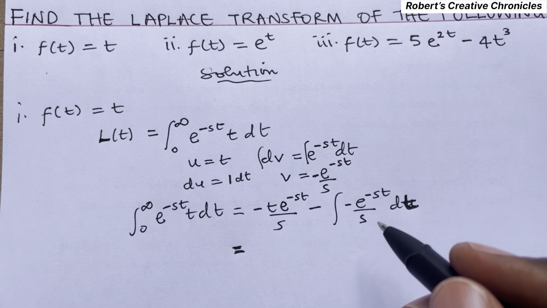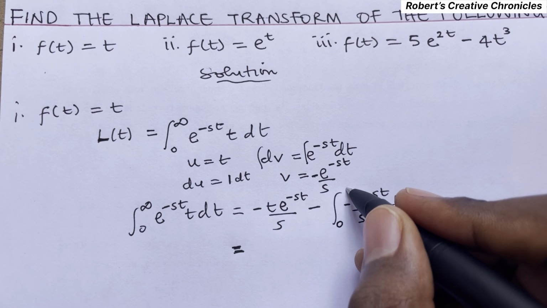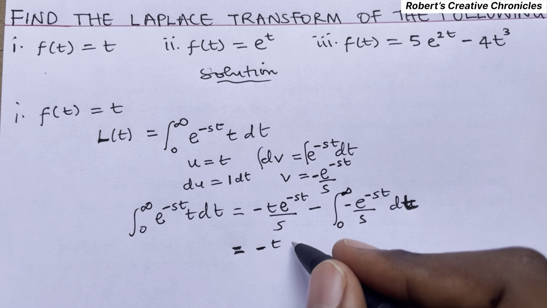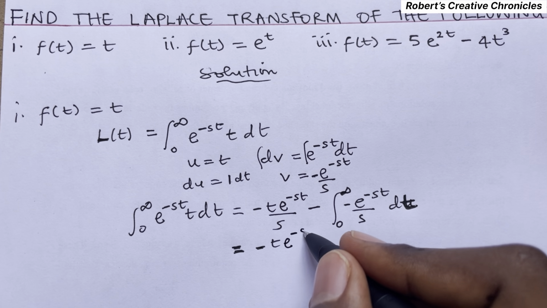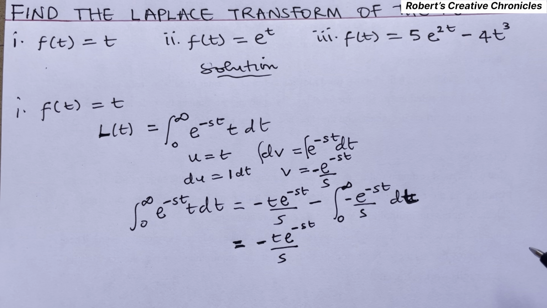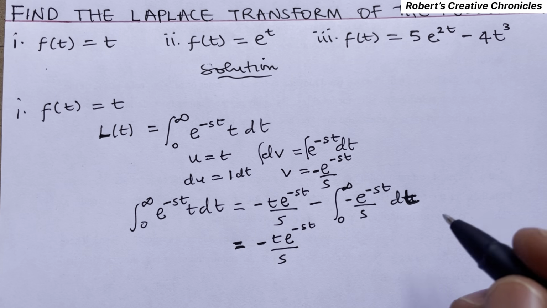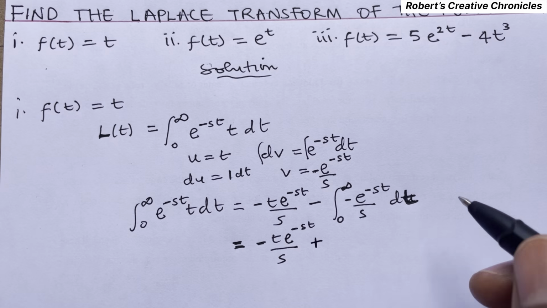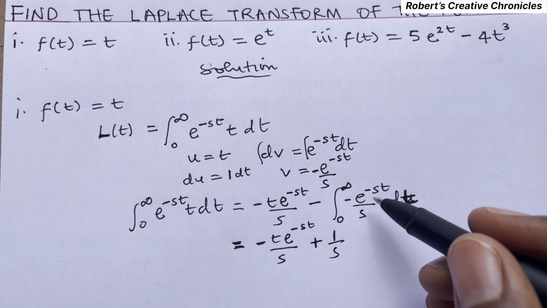So now we integrate this, and remember that the integral is from 0 to infinity. Minus t exponential minus st over s, then this negative becomes positive. Now we can factor out 1 over s.